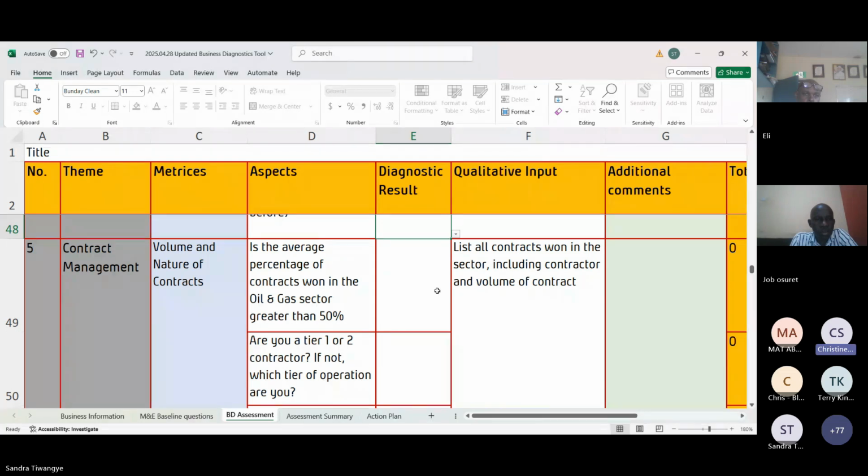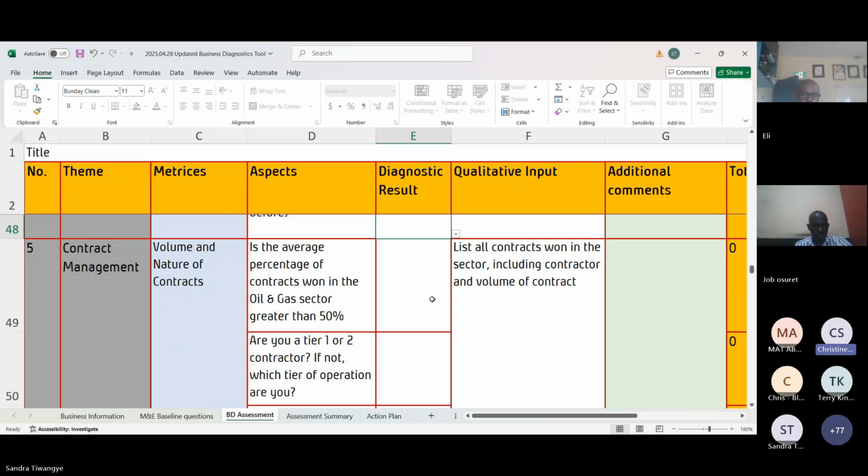And this section majorly applies to people who have managed contracts in oil and gas before. For simplicity, if you haven't, please click no throughout. It doesn't mean that your score is going to be terrible and then you're doomed.